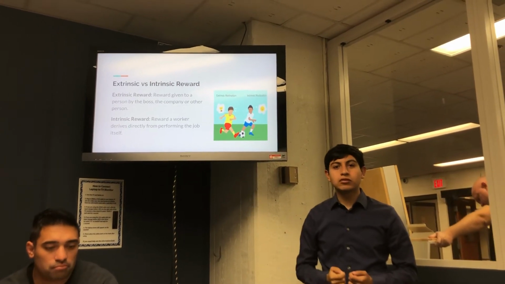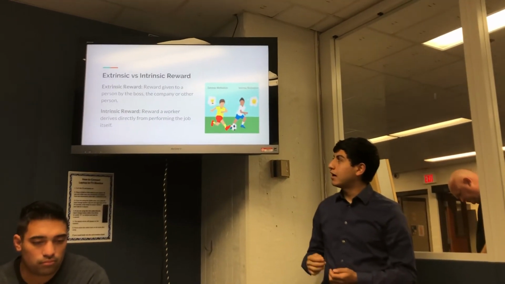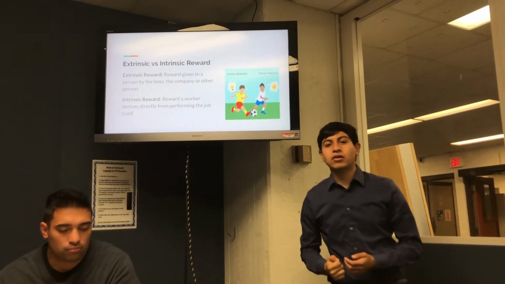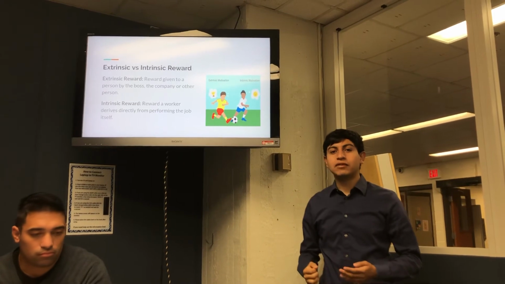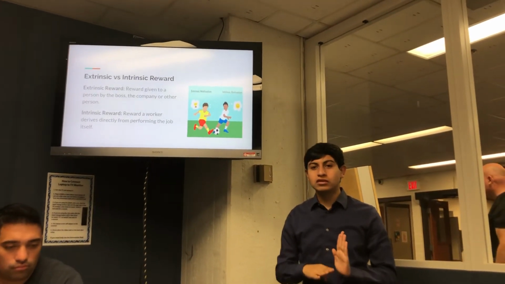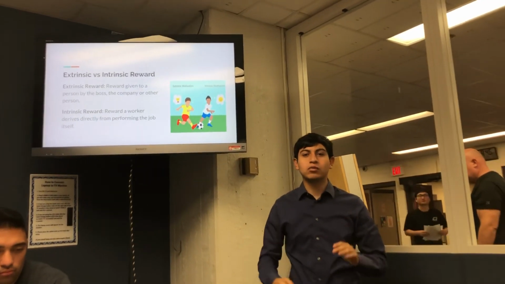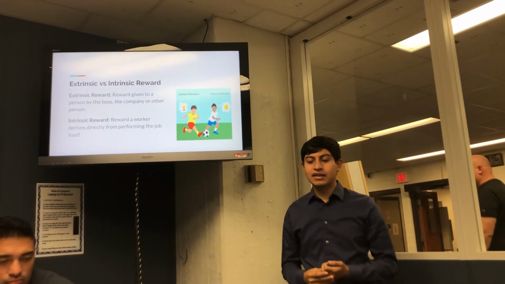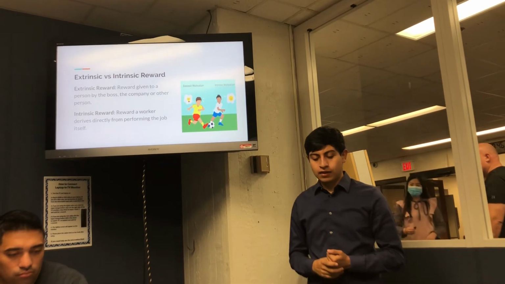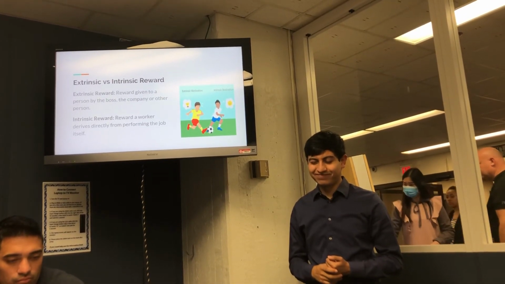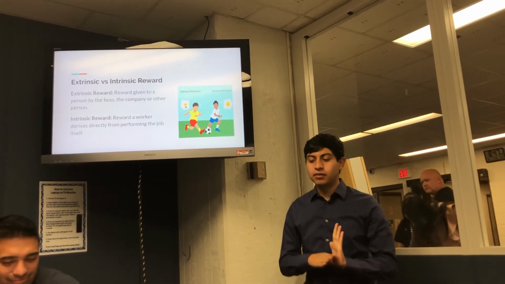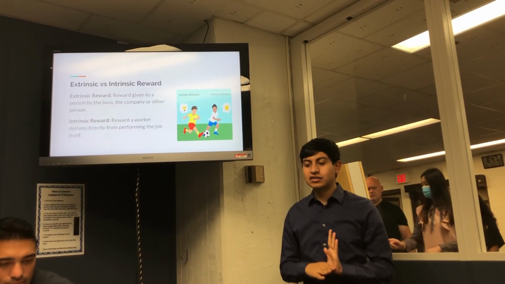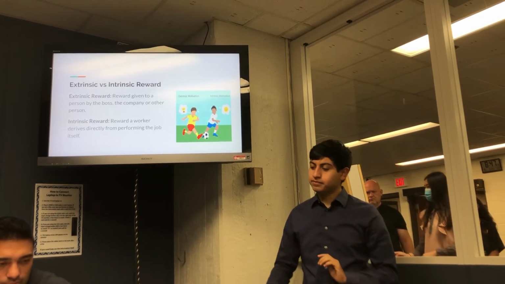Intrinsic rewards are derived directly from performing the job itself. This means, for example, that when employees set their own goals and their own areas in which they want to develop, that's when they feel that the job is really fulfilling, that it's a job that they really love.